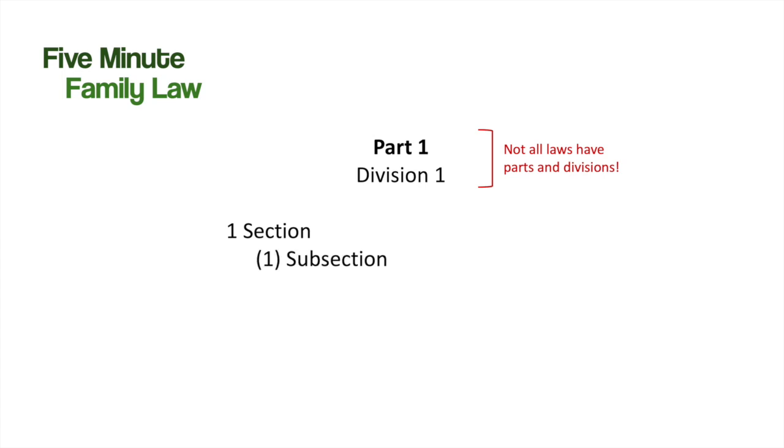Subsections are also referred to in Arabic numerals, and the difference between a section and a subsection number is that subsections have the Arabic numeral within brackets. Subsections sometimes contain paragraphs, and paragraphs are numbered with lowercase letters, also within brackets, and paragraphs sometimes contain subparagraphs. Subparagraphs are numbered in lowercase Roman numerals, also within brackets.